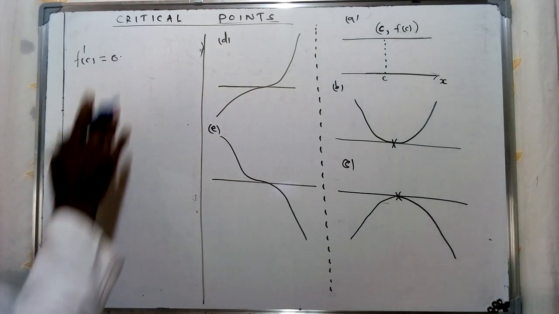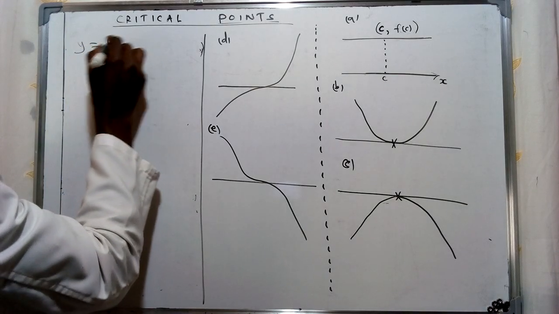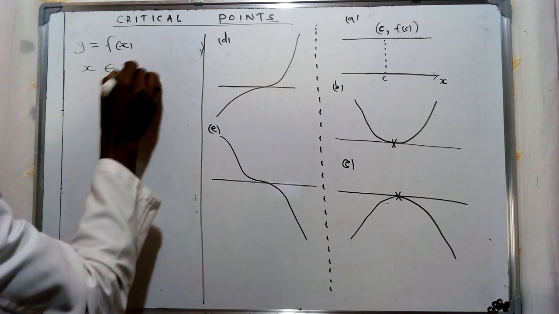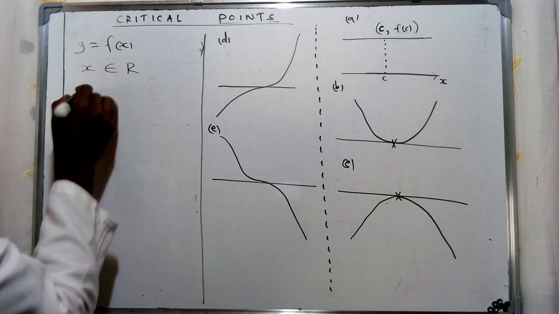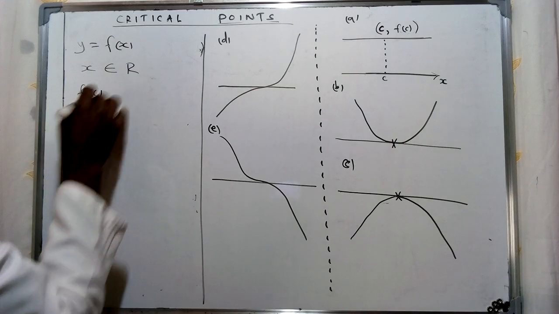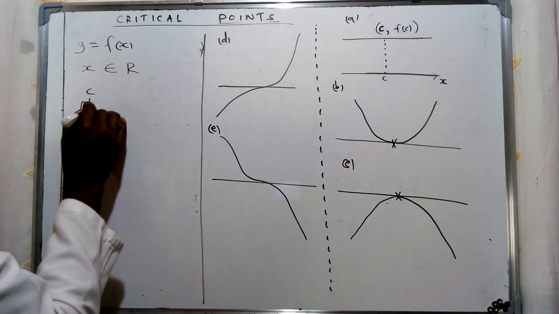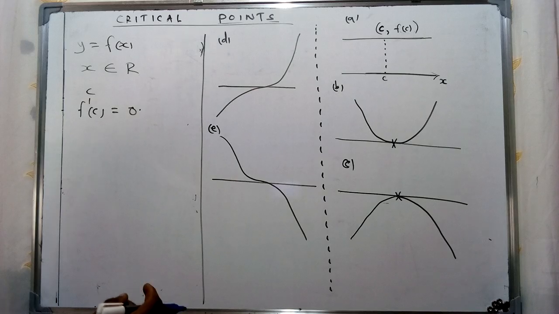And as we said, this function y equals f(x) consists of values of x, where x is a range of real numbers. For this specific case, we're going to have a specific point c such that f'(c) is equivalent to 0. So therefore, these are going to be the points which I've just given above.